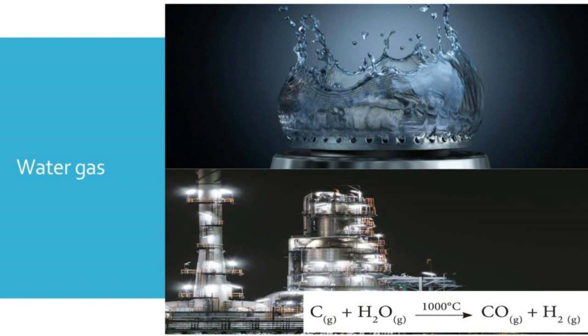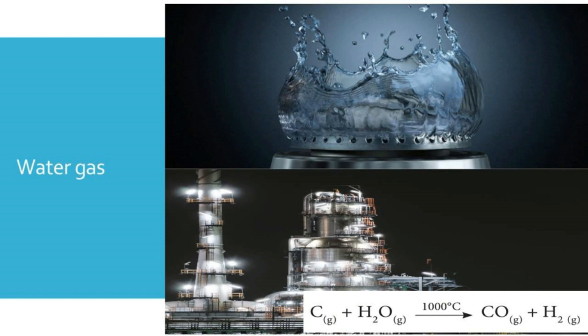Water gas. It is a gaseous mixture of carbon monoxide and hydrogen. It is made by passing steam over incandescent coke at a temperature of 1000 degrees Celsius. Both carbon and water, which is in gaseous form, react with each other at a temperature of 1000 degrees Celsius, giving carbon monoxide and hydrogen both in gaseous form.